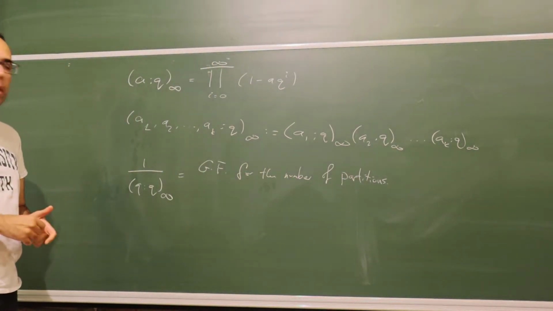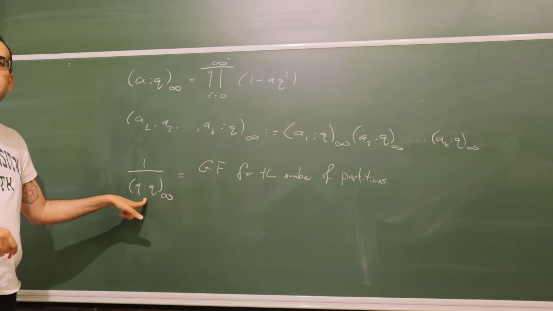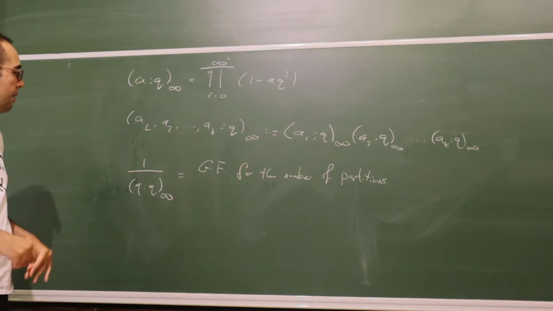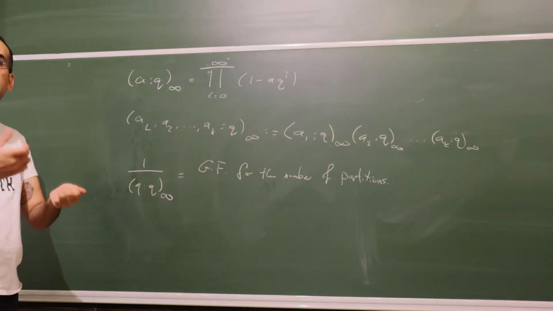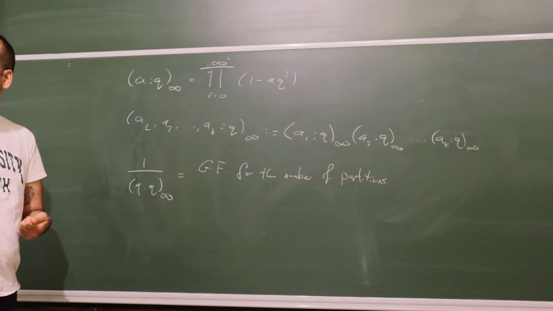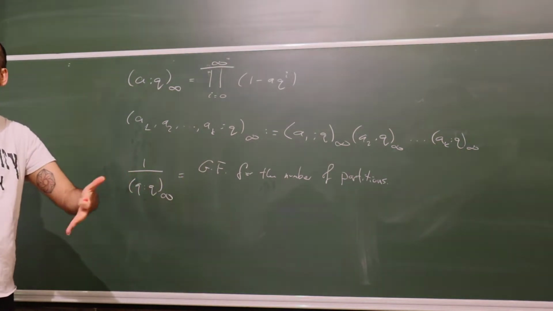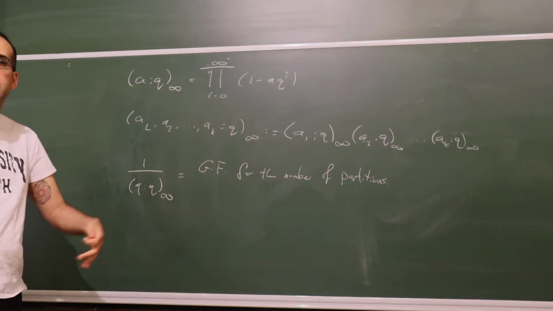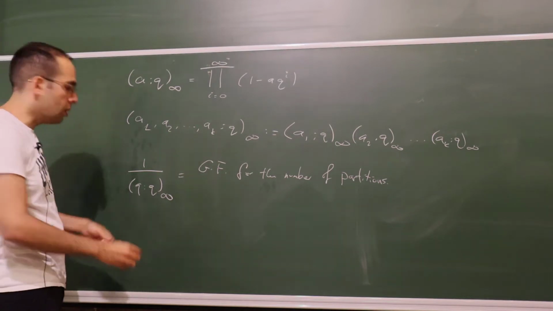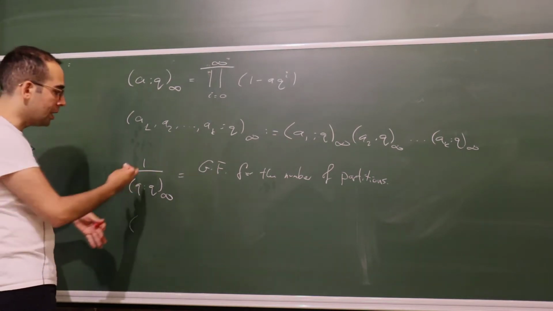And here's a good indication. Whenever you see something in the denominator, whenever you have a reciprocal product, you are dealing with the geometric series. So you have an unrestricted number of parts, so things can repeat. And if you don't want things to repeat, you just put them in the numerator. You don't introduce a denominator.